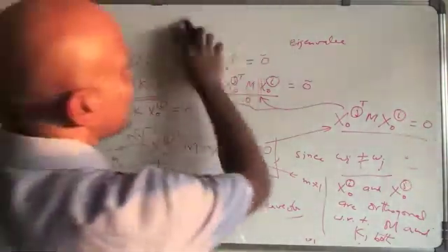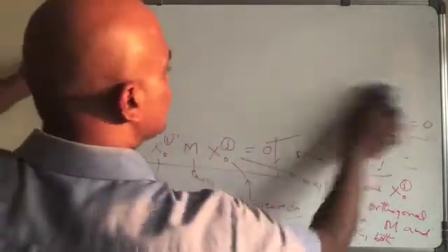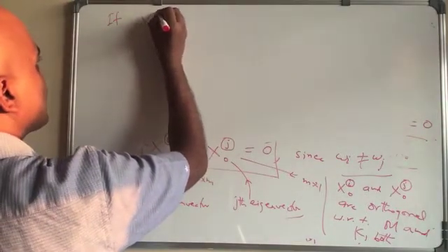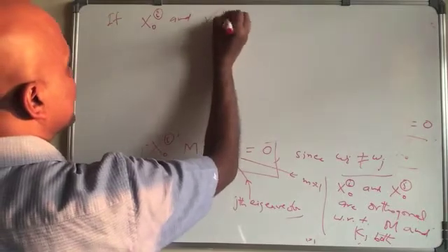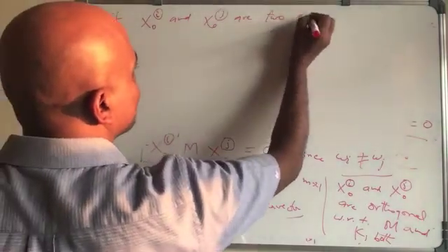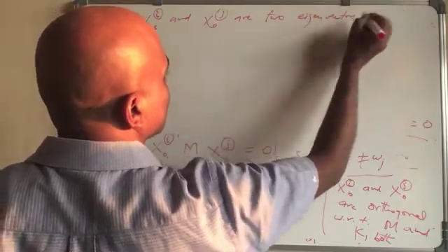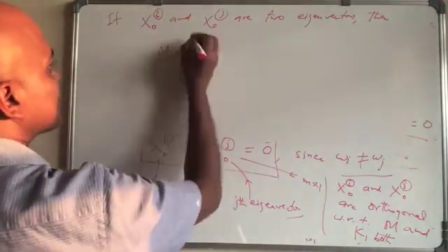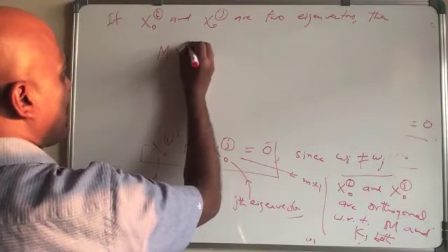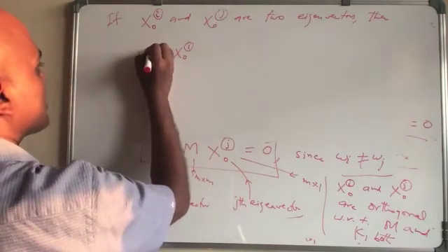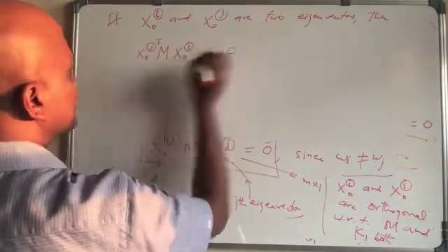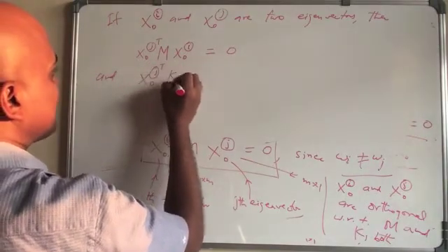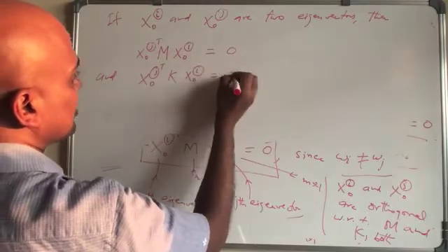So the final statement here we will write: if x_i and x_j are two eigenvectors, then x_j transpose M x_i is equal to 0 and x_j transpose K x_i is also equal to 0.